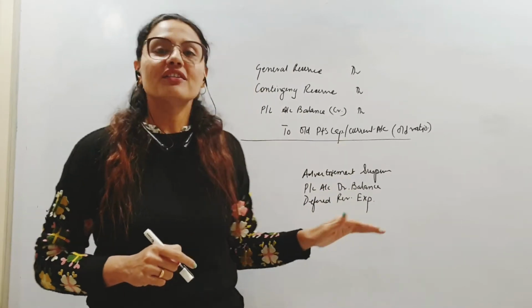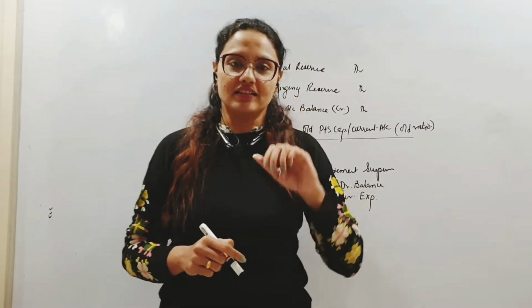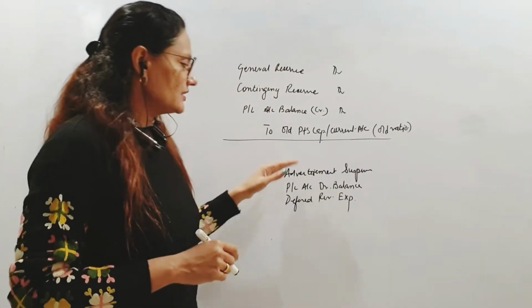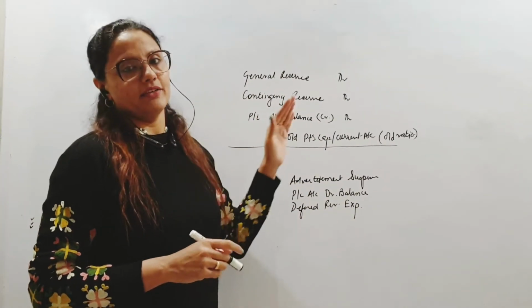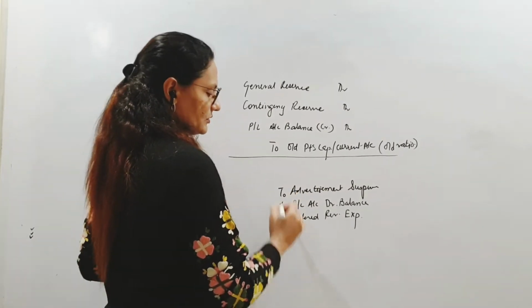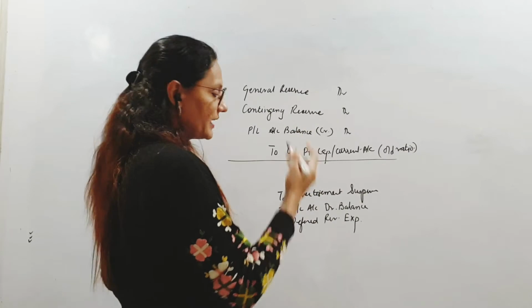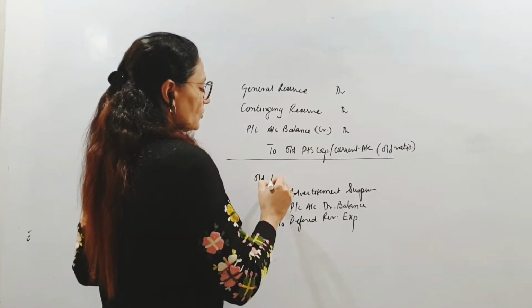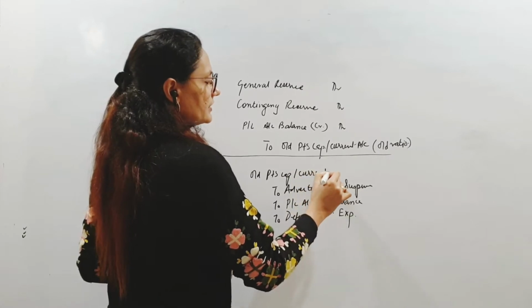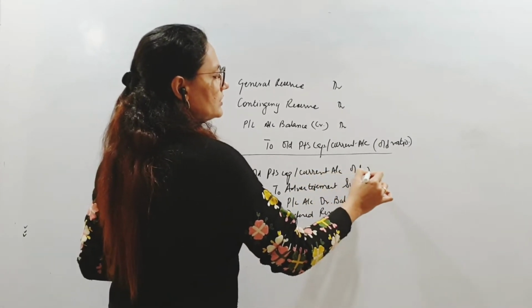So here all of these, on the asset side, obviously these are not assets, they are fictitious assets. These will also be debited to the partners' capital. So we will close this by crediting these accounts. Credit these, they all have a debit balance. Debit all old partners' capital or current accounts in their old ratio.